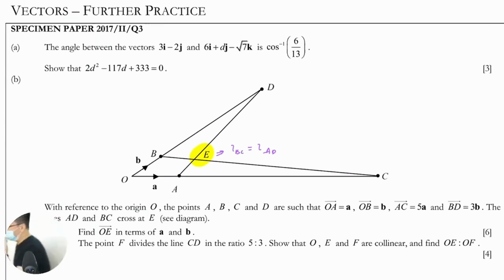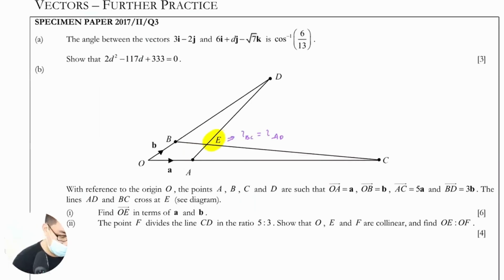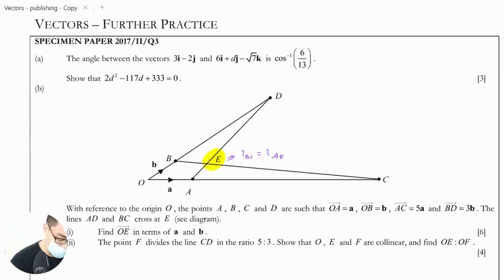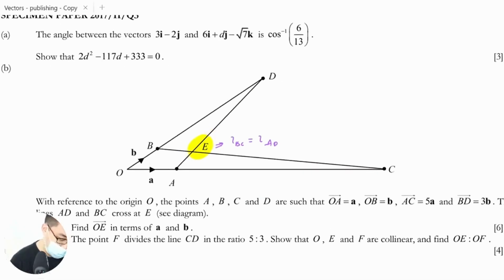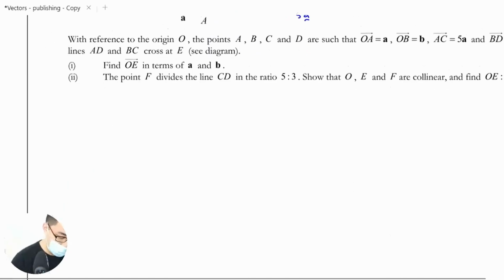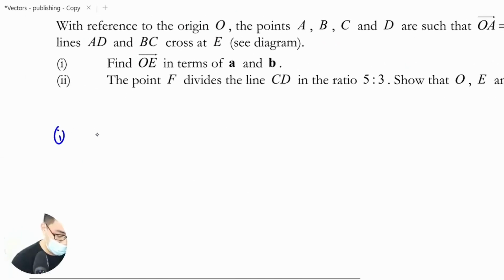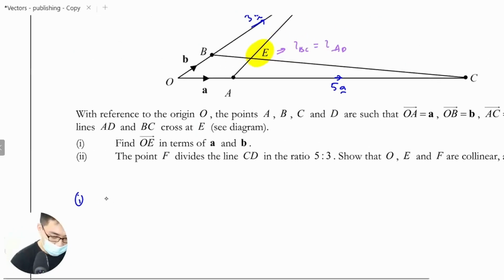Y1 equals to Y2. So what you should do is just express everything. We know BD is 3B, then AC is 5A. Okay, good job. I'm going to find LBC first.